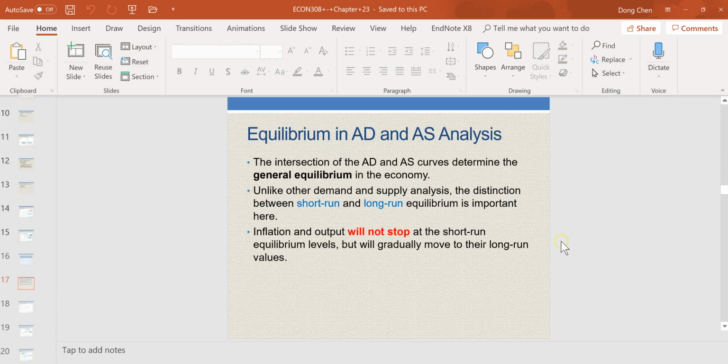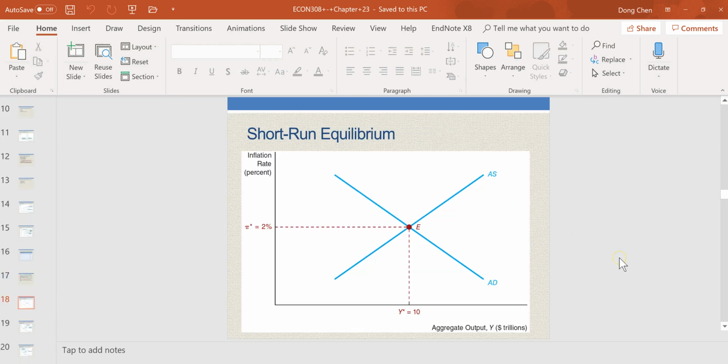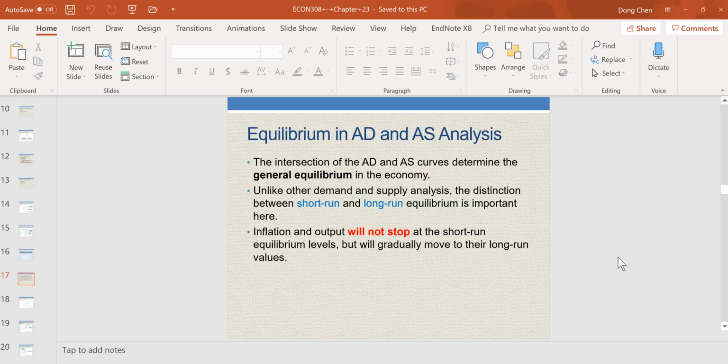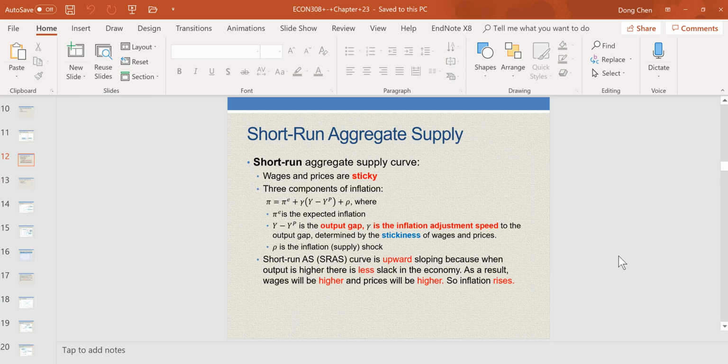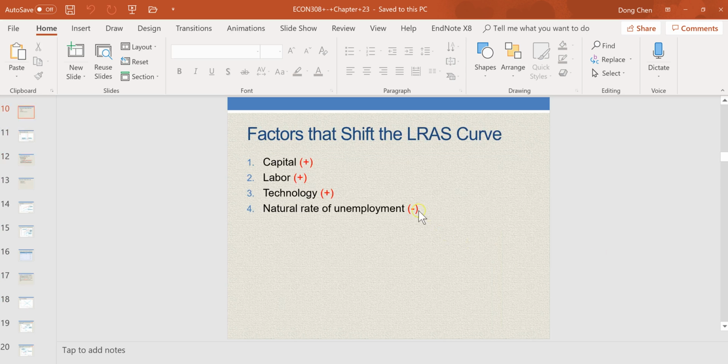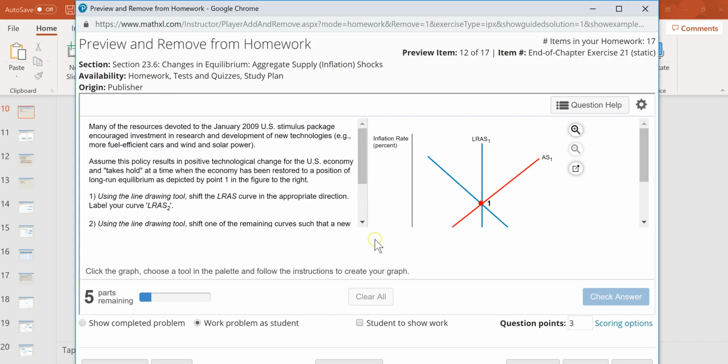So we talk about long-run aggregate supply, and the factors that shift the long-run aggregate supply curve, which are capital, labor, technology, and the natural rate of unemployment. So this question is about the technology. So it's a positive shock, hence the long-run aggregate supply curve will shift to the right.